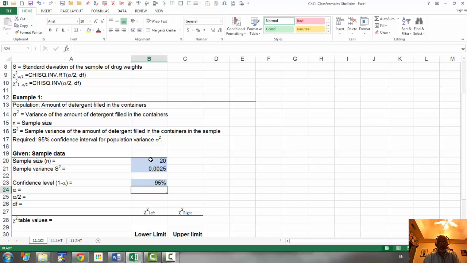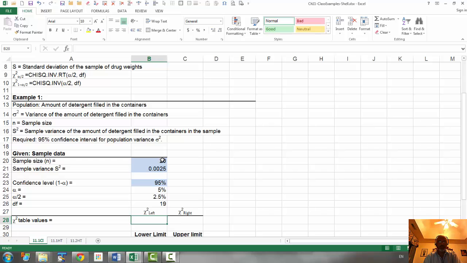Alpha is 1 minus the confidence level, and alpha over 2 is that. Degrees of freedom is n minus 1, so sample size of 20 minus 1.